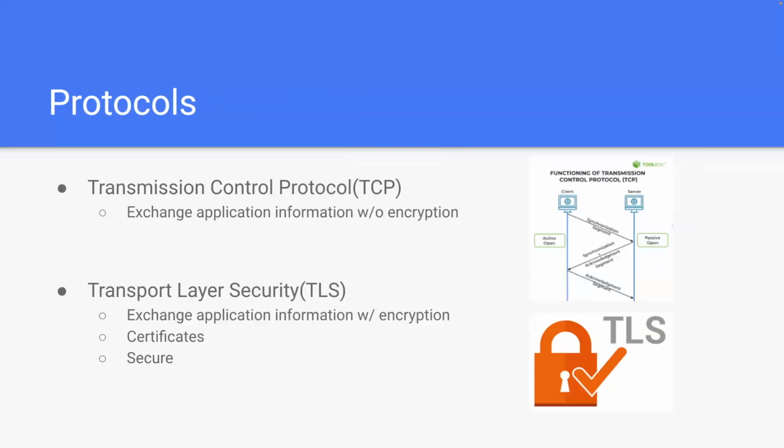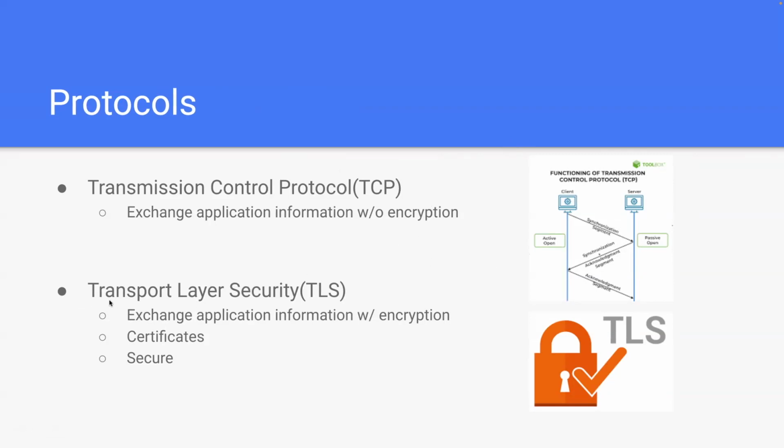The two protocols that we implemented include TCP and TLS. With TCP, we have our typical three-way handshake, where it's just a SYN, SYN-ACK, ACK kind of interaction between the client and the server, and all messages are not encrypted.